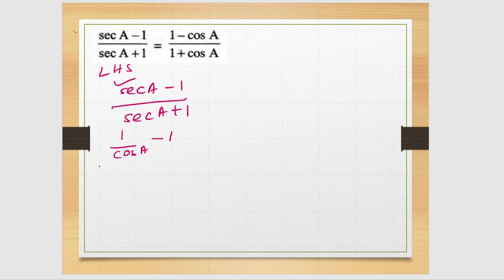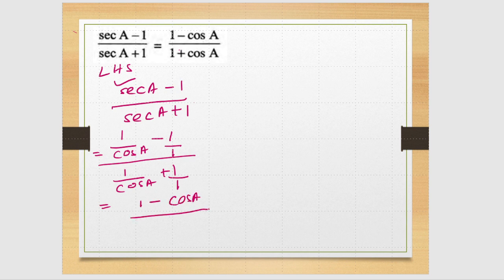So (1 by cos a minus 1) by (1 by cos a plus 1). Now this is your fraction subtraction and addition. So do it. What will it come? It will come as (1 minus cos a) by cos a, by (1 plus cos a) by cos a.